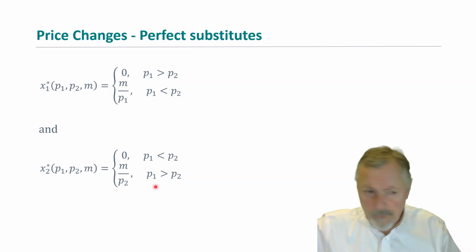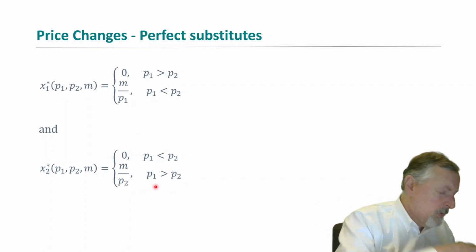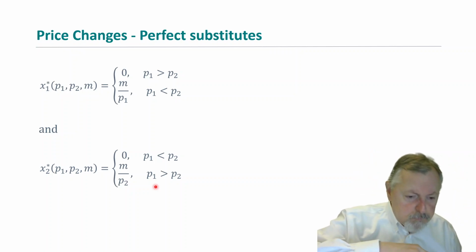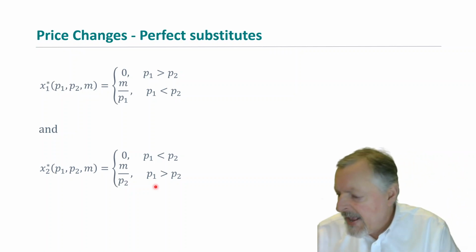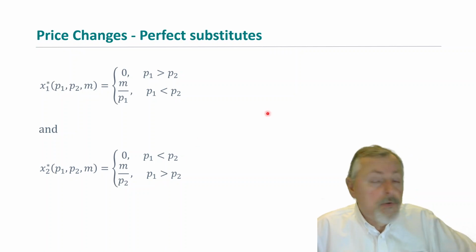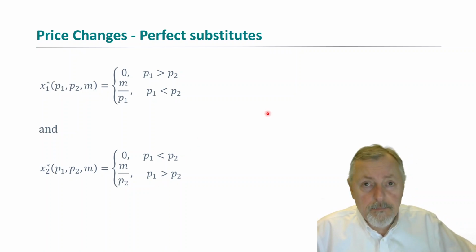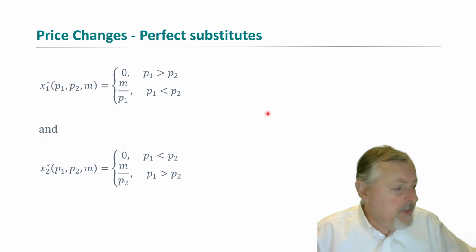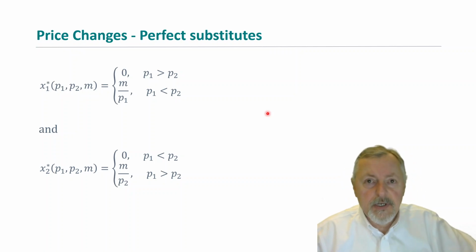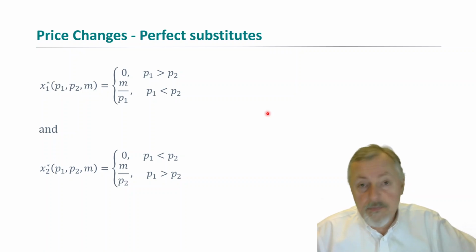And the flip for demand for quantity 2. As perfect substitutes, it means you don't care which one you buy. Think Coke and Pepsi, if you really had no preference. You're going to buy whichever is cheaper and 0 of whichever is more expensive.